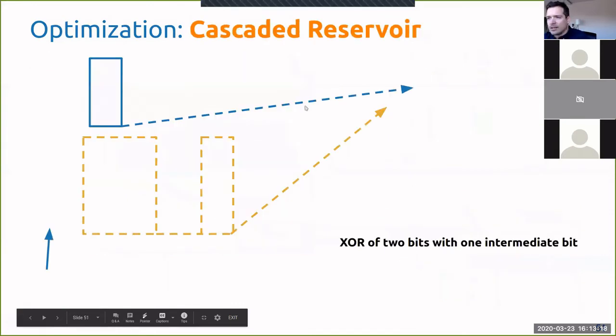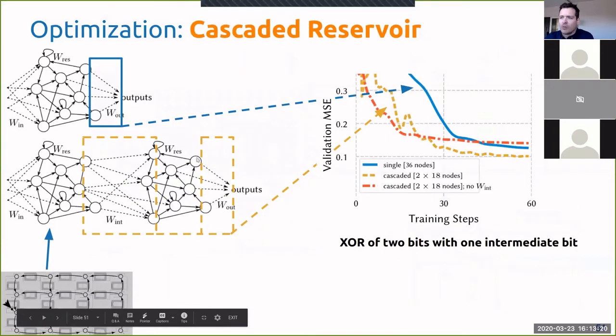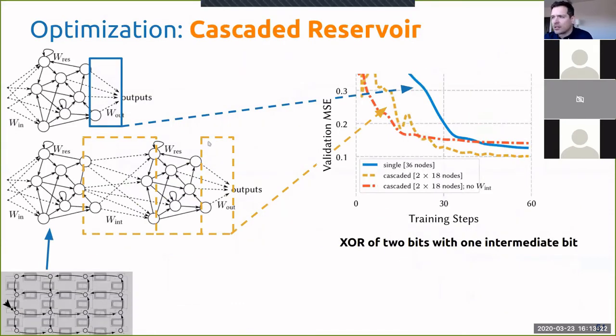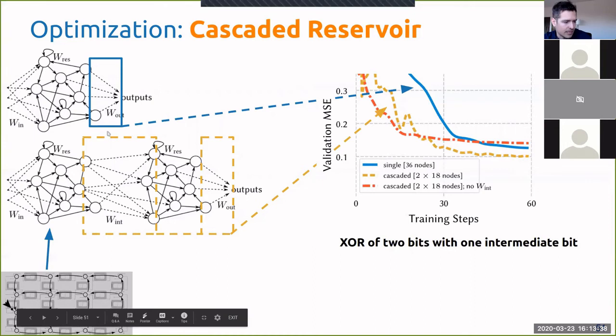And moreover, since we can now backpropagate through the circuit, we are able to cascade two of these reservoirs together. This is something that previously was totally impossible, as the action of the last reservoir cannot be inverted, and the intermediate weights of the cascade could not be found.